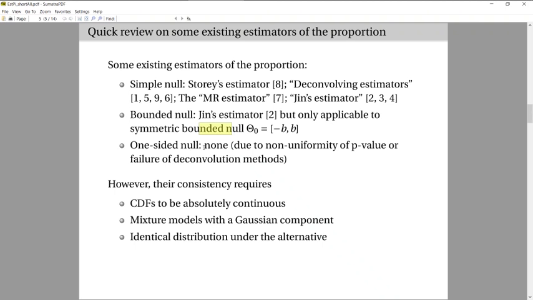For one-sided null, we don't have any estimator yet, due to the non-uniformity of p-values under composite nulls or the failure of deconvolving methods. The consistency of these estimators requires one or two or all of the following three: the CDFs of the z_i's being absolutely continuous, the z_i's coming from mixture models with the Gaussian component, the z_i's being identically distributed under the alternative hypothesis.